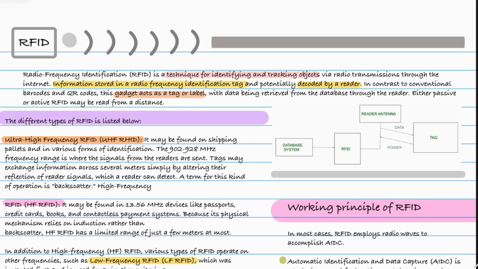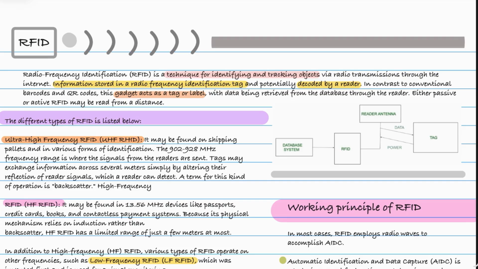Take traditional barcodes or QR codes on a pack of chips. To scan them, you need a direct line of sight. The laser beam must be physically pointed at the printed pattern. Otherwise, it won't be able to identify it, right? But RFID technology completely smashes this limitation.